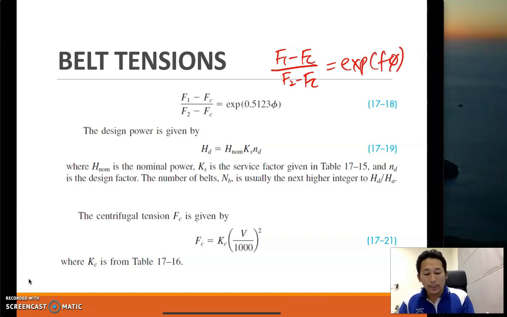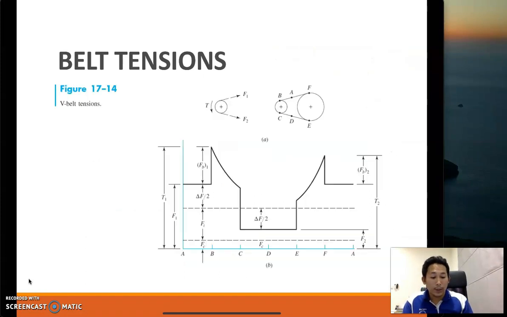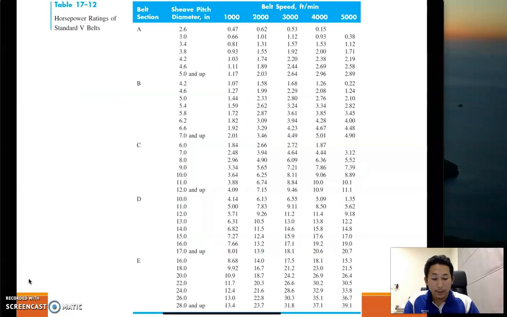Okay, the design power is given by this, this is power, and this is the equation. The centrifugal force Fc, this is all the equation, and you need it from the table. Okay, this is the V belt tension.